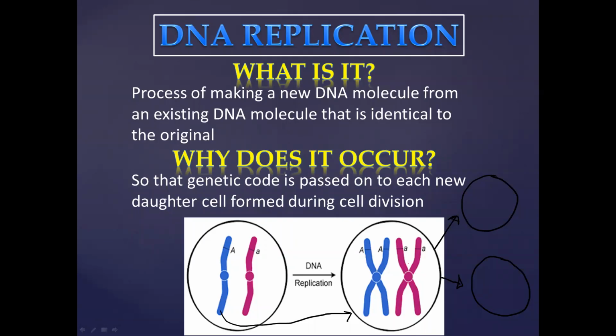Each chromosome will separate during anaphase, and the centromere will split, and you'll have one unreplicated chromosome moving to each of the cells that are formed.